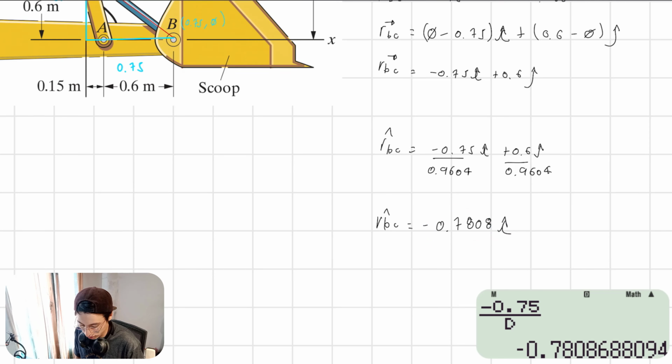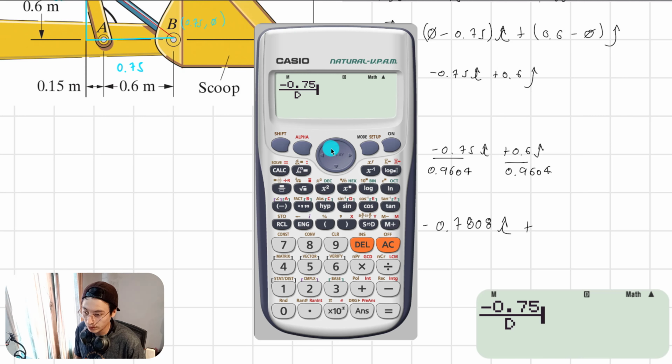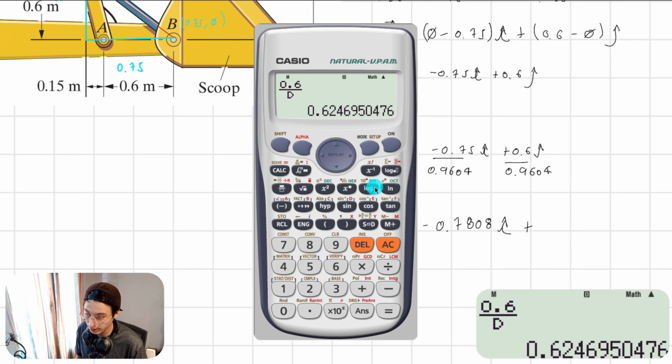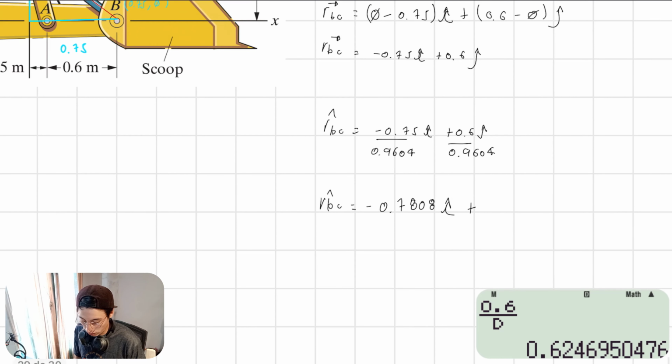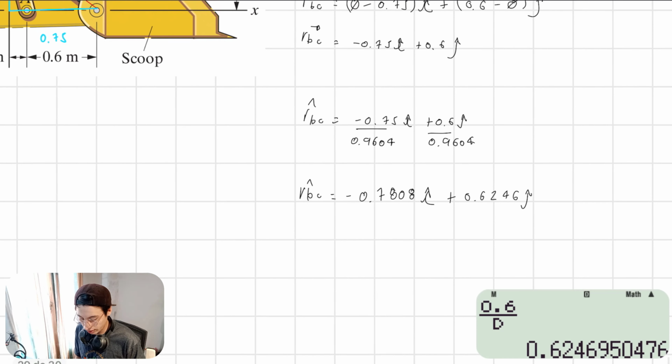On the I direction. Plus the same thing, but 0.6, and it is positive, but it doesn't matter. 0.6246. Yeah, along the J direction. And right here, guys, we have the final answer.